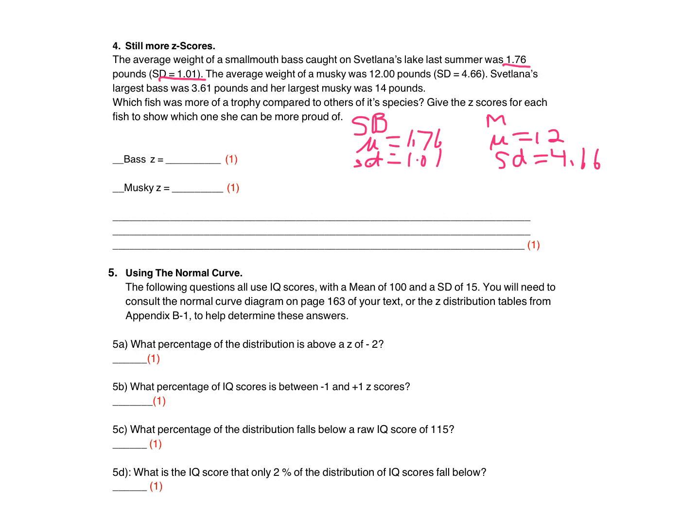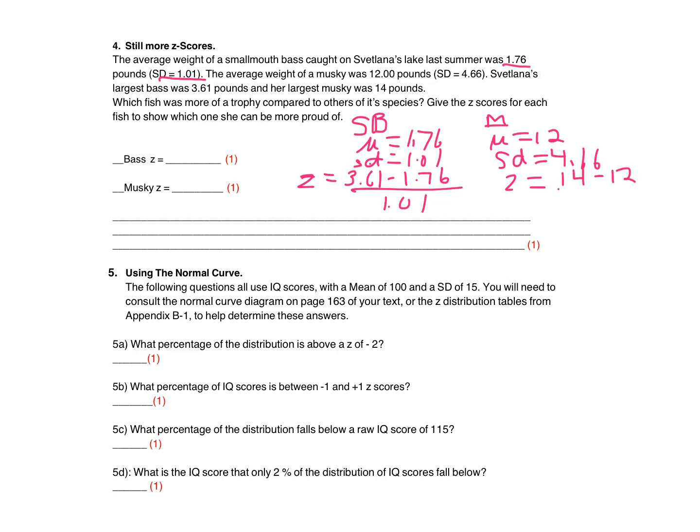Okay. So now this girl comes along, and Svetlana is her name, and she catches a bass that's 3.61 pounds. So her Z-score is going to be 3.61 minus the mean, which is the 1.76, divided by the SD. For the muskie, how big was the one she got? 14 pounds.